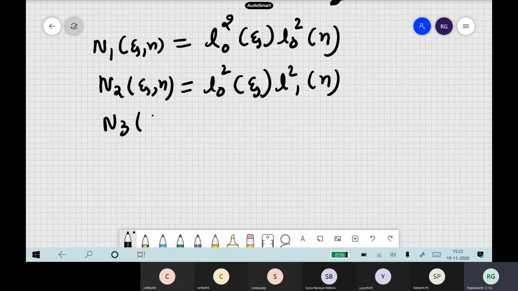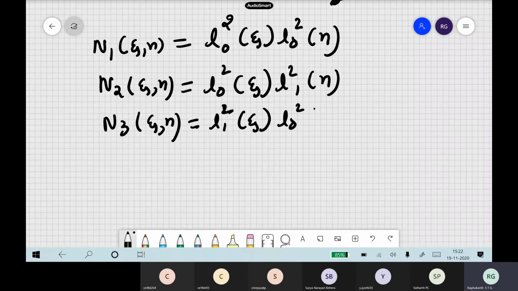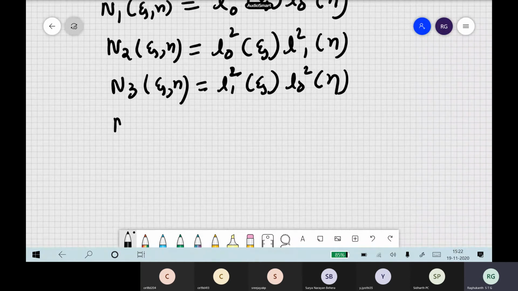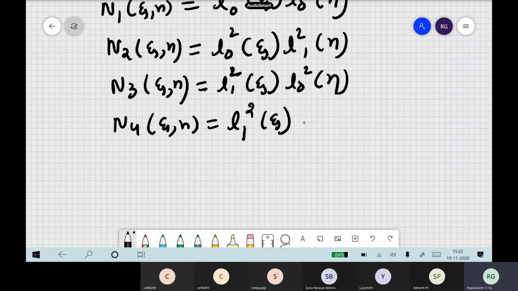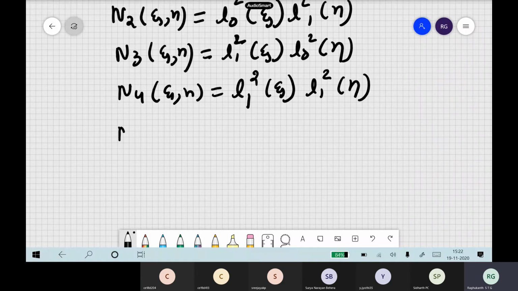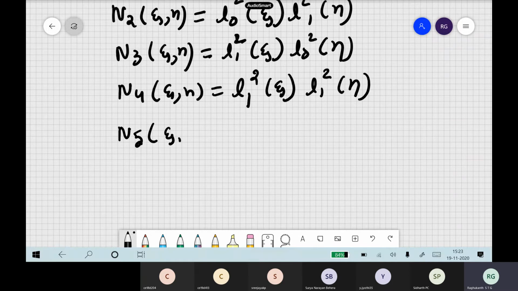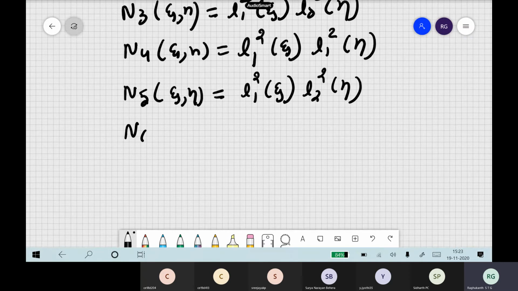Then we have n3, L12 of psi and L02 of eta. So all possible combinations you have to write. Then L12 of psi and L12 of eta, then we have n5, L22 of psi and L22 of eta, then we have n6.